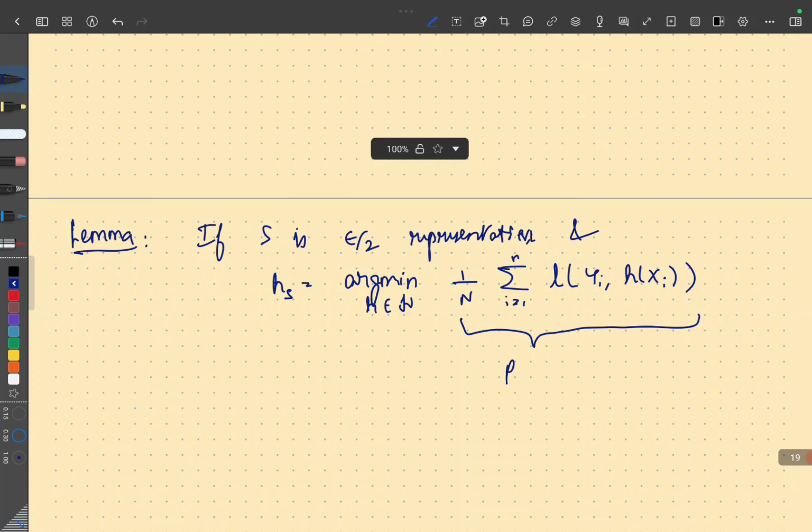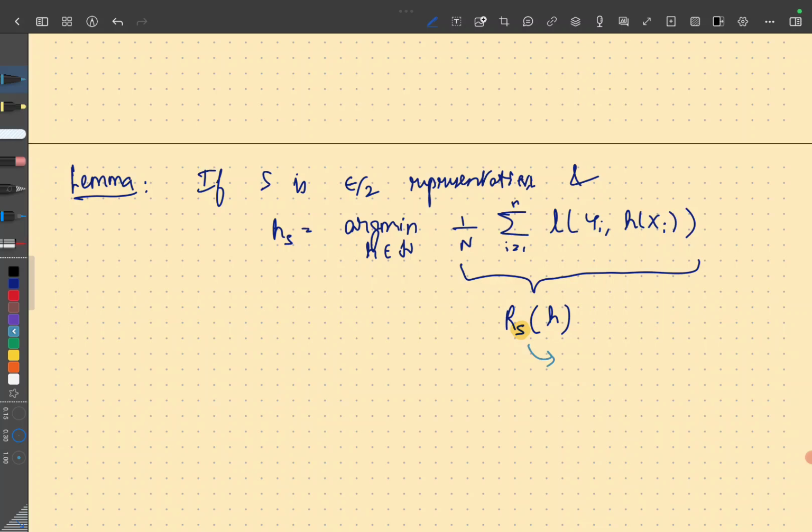Henceforth I'll refer to this particular quantity, the empirical risk, as Rs of H, where this subscript S will be used to denote that this is the empirical risk.